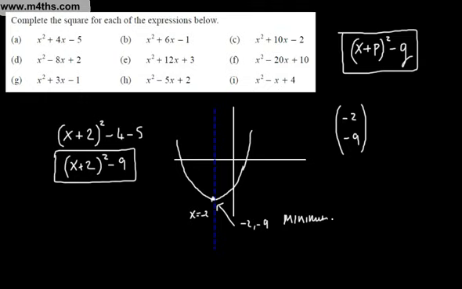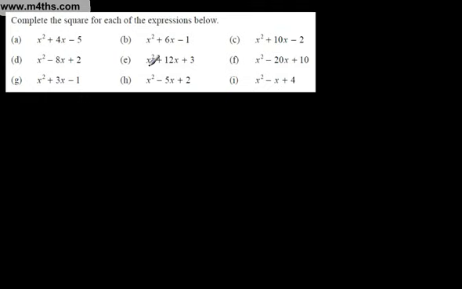Okay, let's move on. What happens if it isn't an even number that we're dealing with? Let's look at this one. X squared plus 6x minus 1. Now, what we're going to do is take half of the coefficient from here. And again, this is a positive even number, so we're going to take x plus 3 and square that.